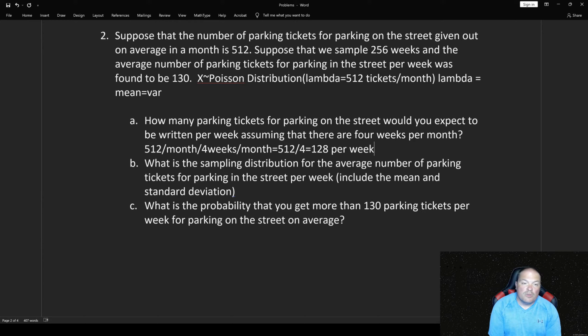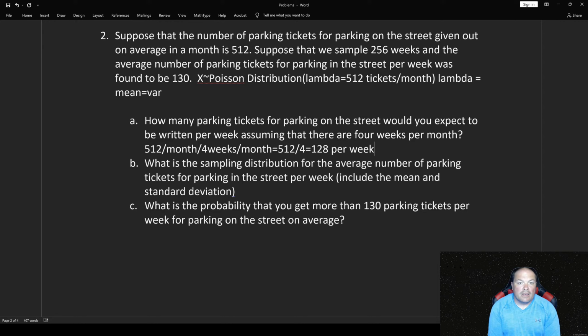We know that the distribution of X is Poisson with lambda equal to 128 tickets per week. But when you start dealing with the sampling distribution of X bar, this is where what we call the central limit theorem comes into play. And if certain criteria are met, then X bar comes from a normal distribution with mean equal to mu and standard deviation equal to sigma over the square root of n.